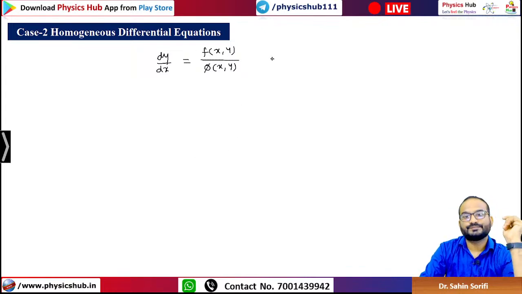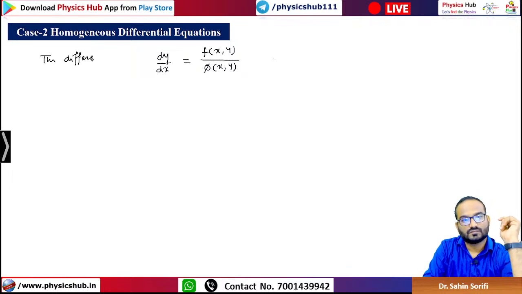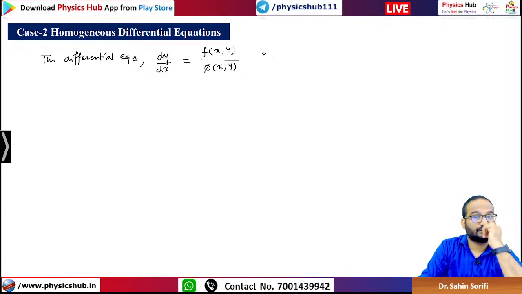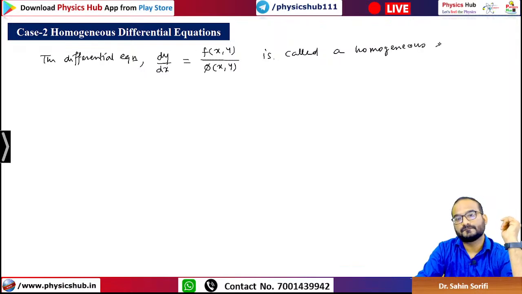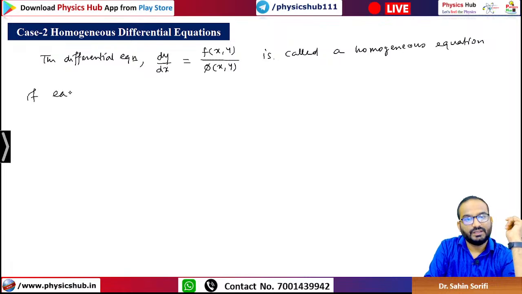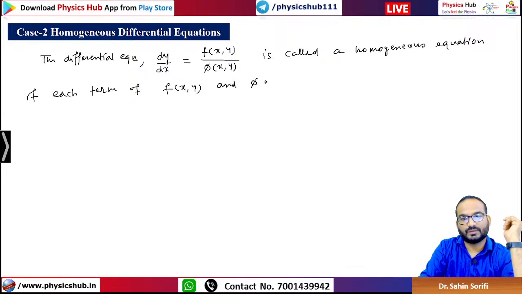This equation is called a homogeneous equation if each term of f(x,y) and phi(x,y) is of the same degree.